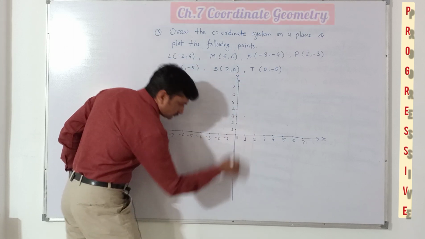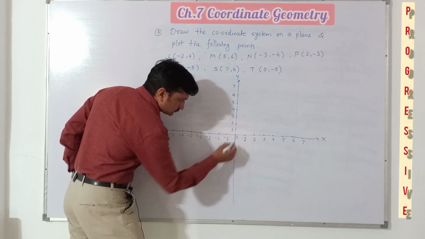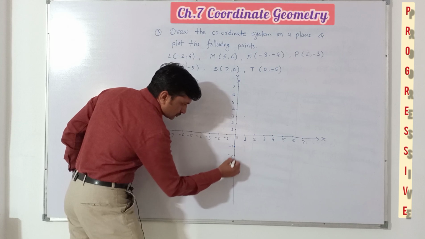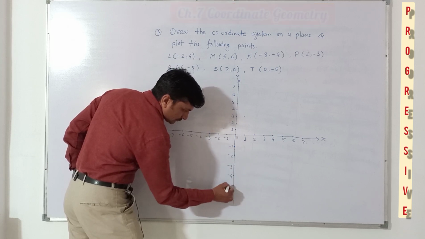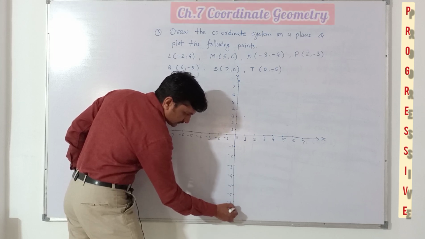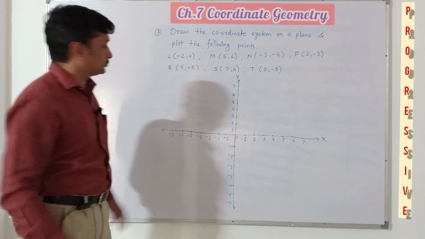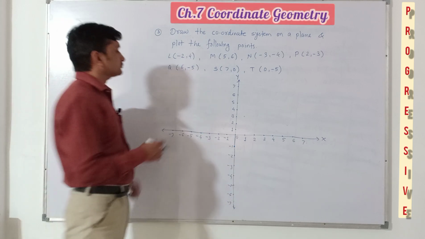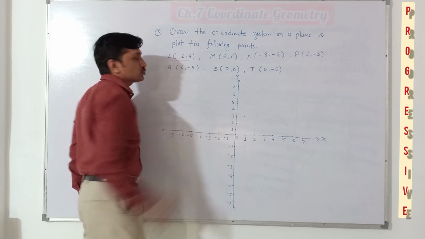Here down negative, -1 -2 -3 -4 -5 -6 -7. Okay, now plotting is very easy. You have to use the scale, and first point, now here you see L, -2, 4.